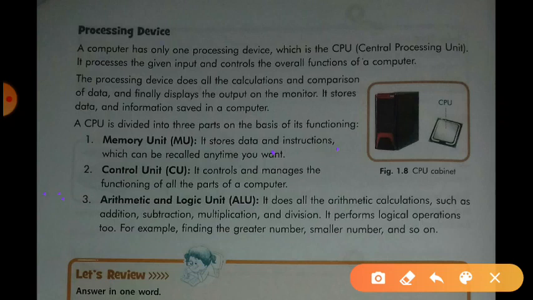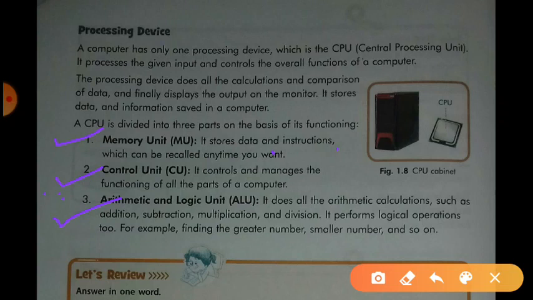Dear students, a CPU is divided into three parts on the basis of its functioning. First is memory unit, second is control unit, and third is arithmetic and logical unit. Okay students, first the memory unit stores data and instructions which can be recalled anytime you want.